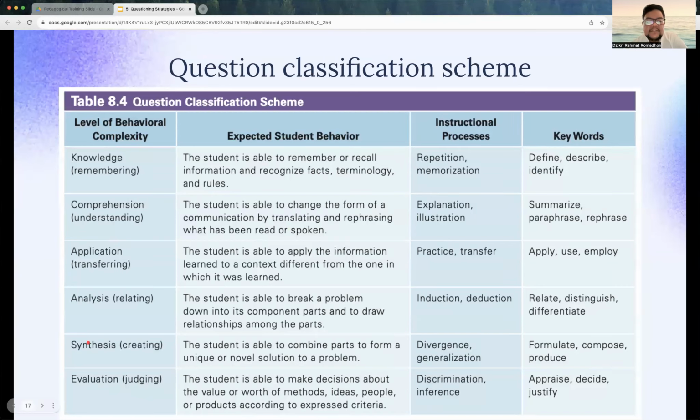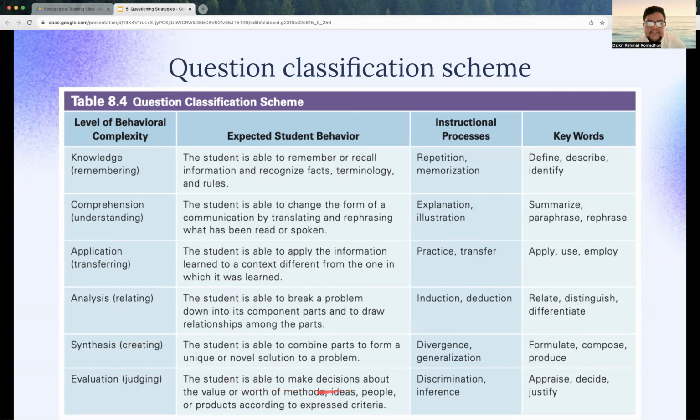Right. Next is synthesis or creating. The student is able to combine parts to form a unique or novel solution to a problem. The instructional processes students do are divergence and generalization. They can formulate, compose, produce, which is creating an original or novel idea. And then the last but not least, evaluation or judging.